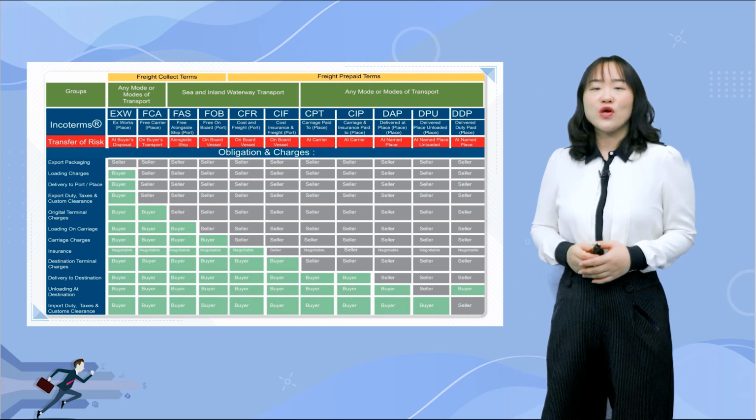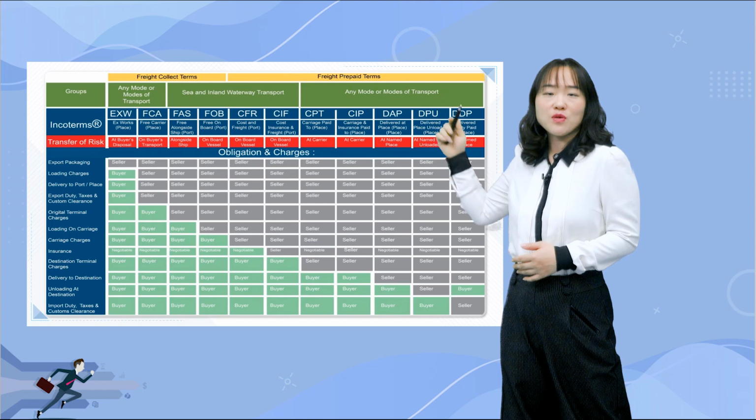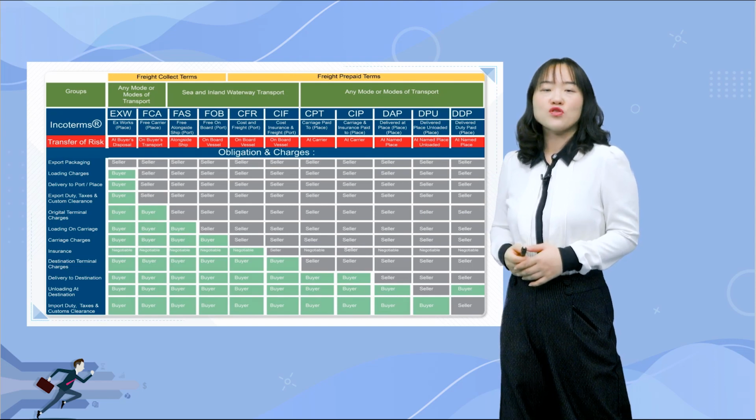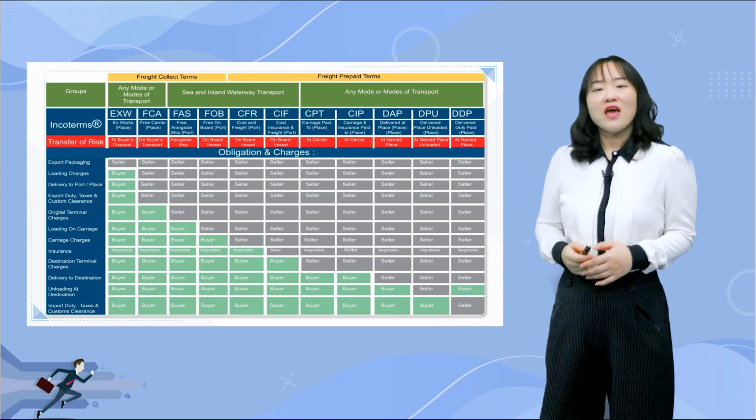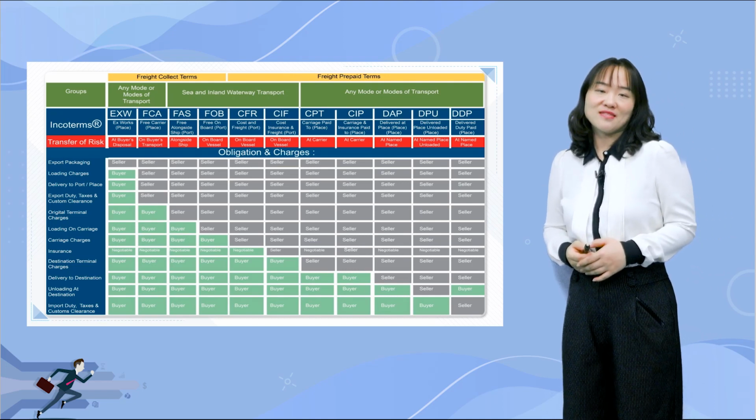What you need to know is that freight collect and freight prepaid are used by giving references on the transport documents, and they only tell us by whom the freight charges will be paid.